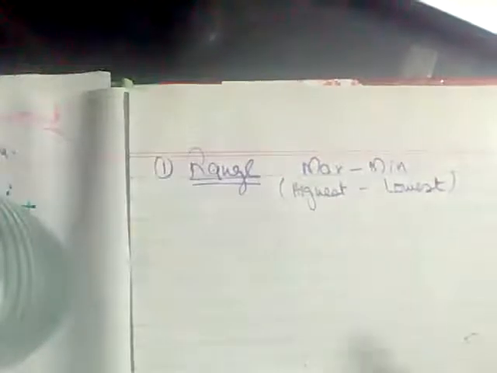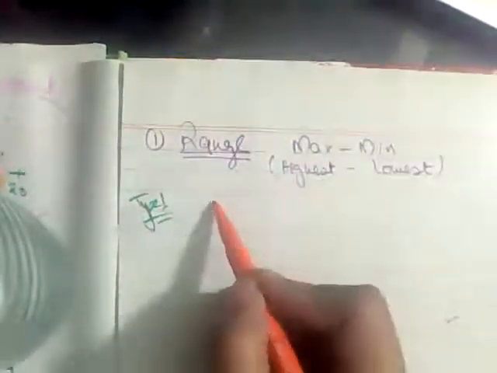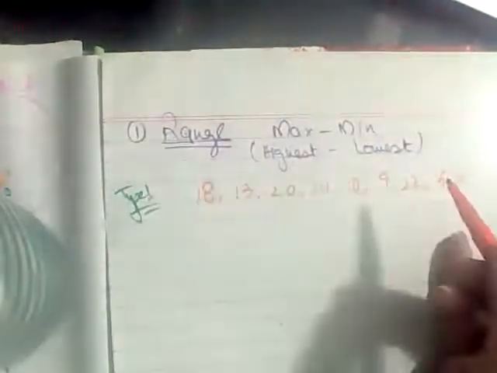So assume for type 1, I'm taking a few values. Let's say it's 18, 13, 20, 14, 10, 9, 22, 6, 4, let's say 14. Now you can arrange it, and if you don't want to arrange, just pick the minimum or maximum value from here. By looking at the data, I can say that 4 is my minimum value and 22 is the maximum here.